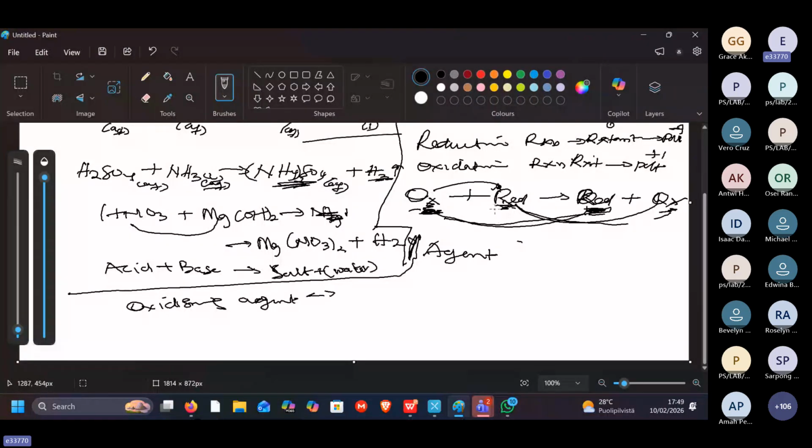This species is going to cause this species to go through reduction, but in effect, itself it will be going through oxidation. So the species that causes the other species to be reduced is called a reducing agent. In effect, that reducing agent is going through oxidation, meaning at the end of it, it is going to be more positive. The oxidizing agent at the end will be more negative.